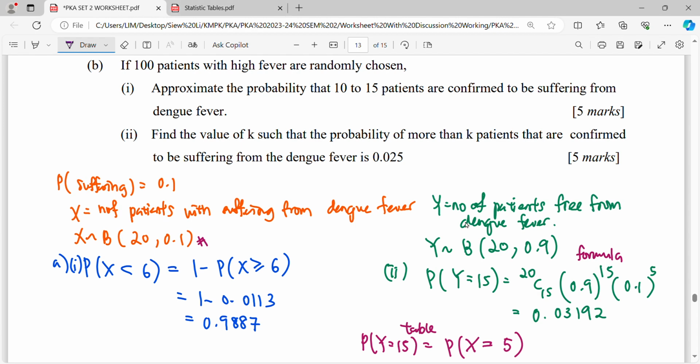In B, they change the sampling, where 100 patients are now chosen randomly. Approximate the probability that 10 to 15 patients suffer from dengue.